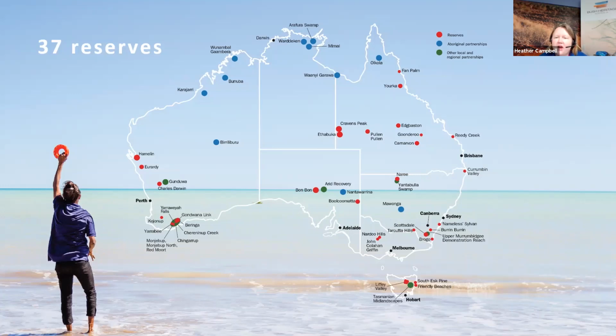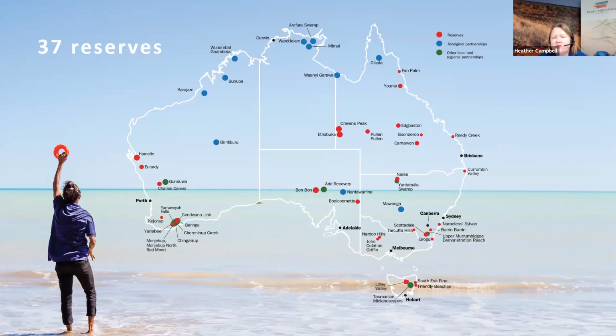Through to the home of the night parrot, an elusive bird, in Pullen Pullen, to a little fish that we'll talk about at Edgbaston, and then down through the swamp country of Yantabulla, the arid areas of Boon Boon and Bulkamata in South Australia, and then more coastal areas of the southeast of New South Wales and Victoria, and into Tasmania.